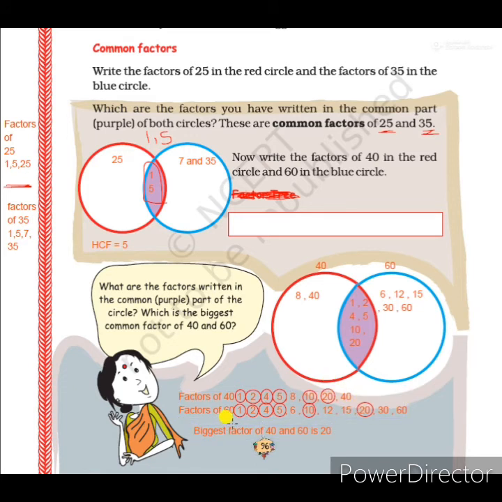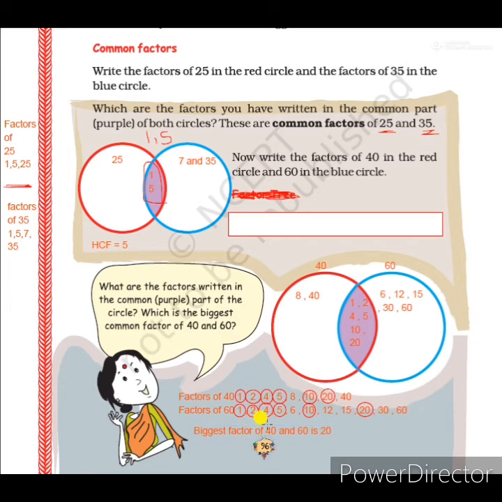Now see the factors of 60. All the tables in which 60 comes are the factors of 60. First is 1. 1 is a factor of 60. 2 is also a factor of 60, 2 into 30 equals 60.